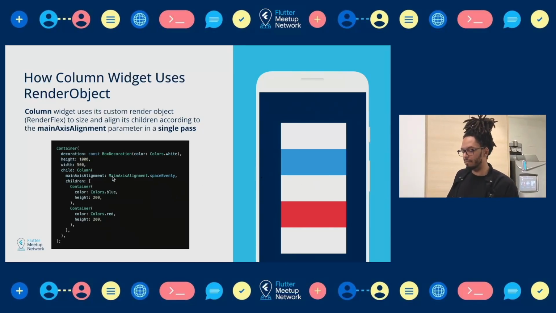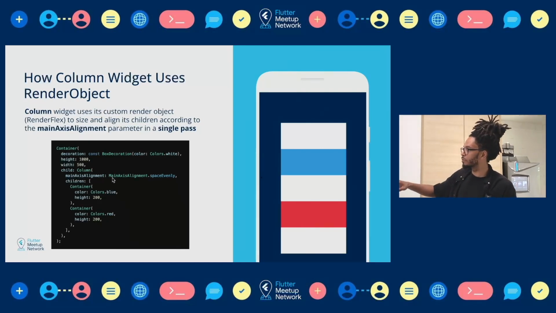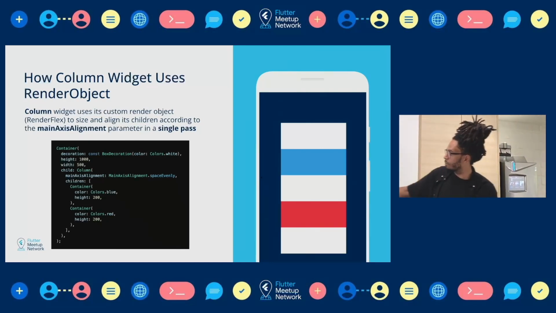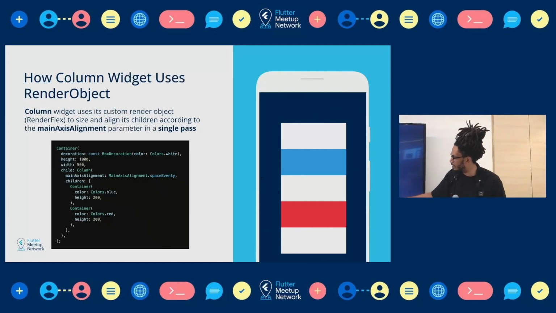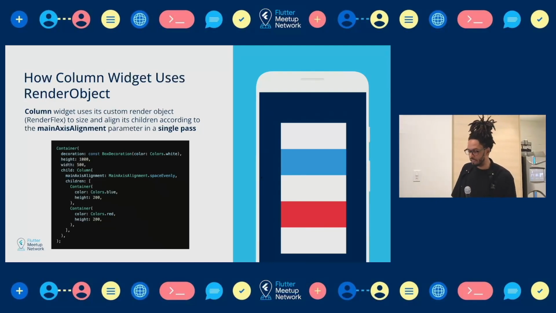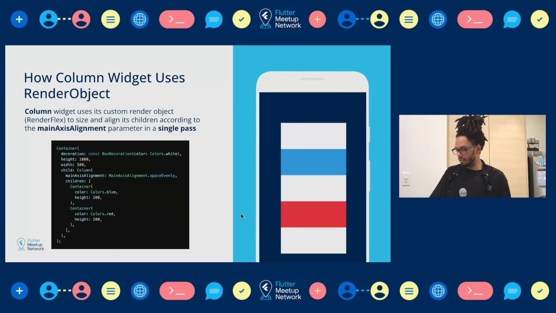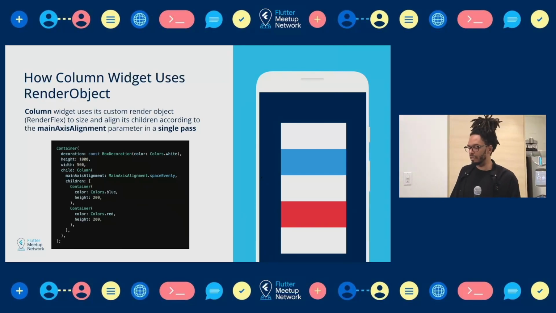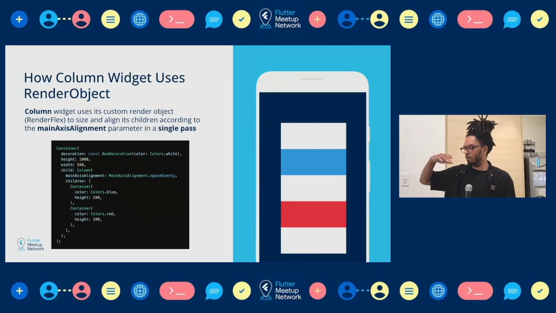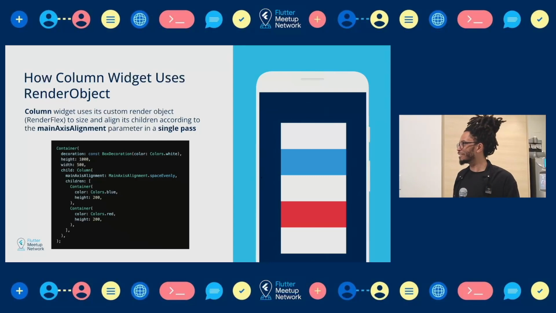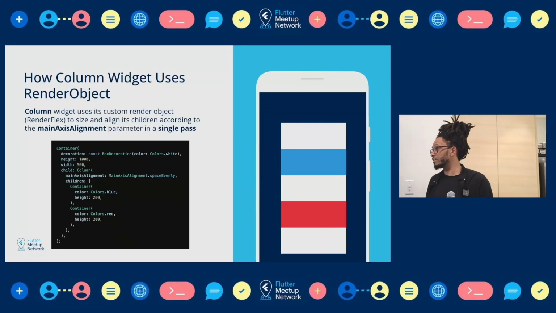So here I said main axis alignment space evenly. I love Flutter for this. It's very simple to use. I provide a column, I say the size, and I say space them evenly, and it's nicely arranged. It does the math to work out what needs to be done for these two widgets to be spaced evenly among the space that's available within my column. How does it do that?